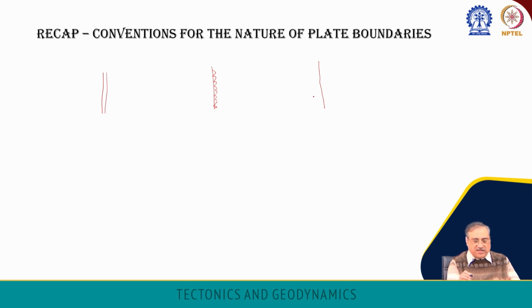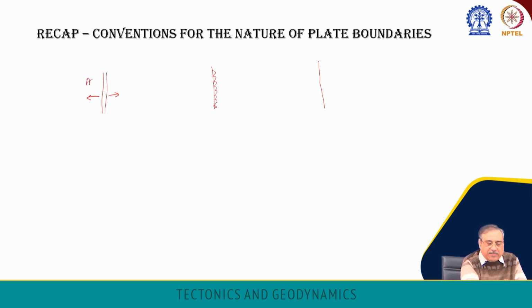Now, all three of these do not completely describe the nature of the boundary. We have to put in the velocity vectors for us to be able to make out exactly what we are talking about. In the case of the mid-oceanic ridges, we show them as two sets of arrows equal in magnitude, opposite in direction on either plate.